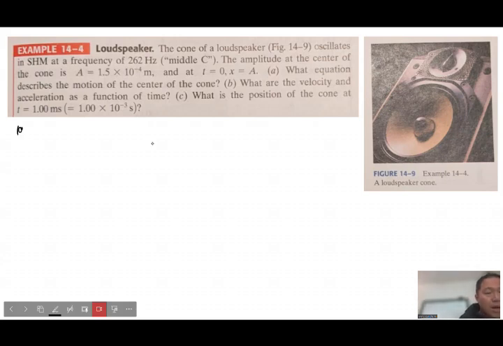So the amplitude here is already given: 1.5 times 10 to the minus 4 meter.